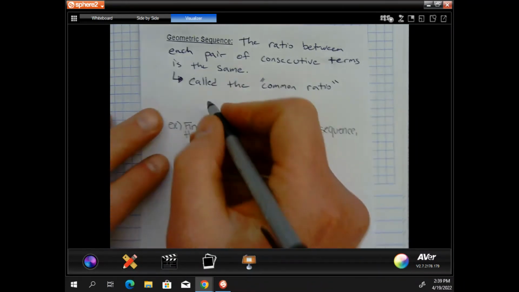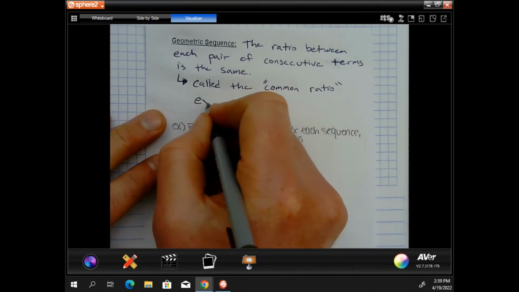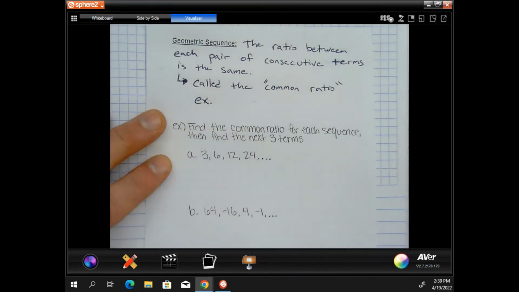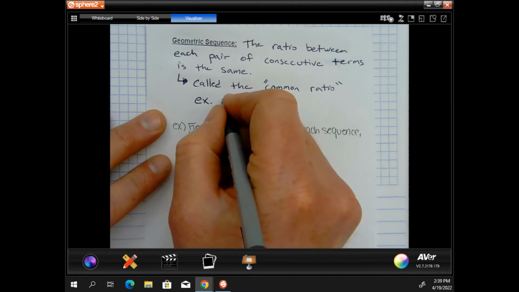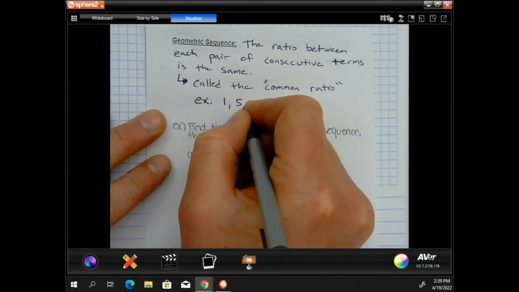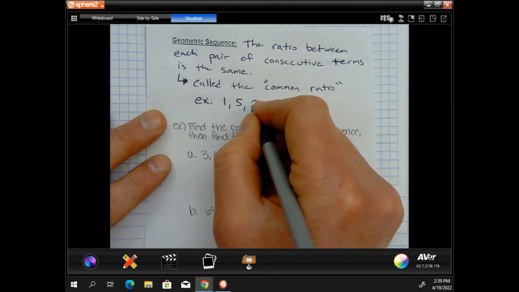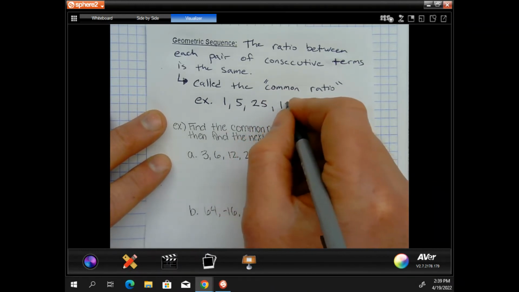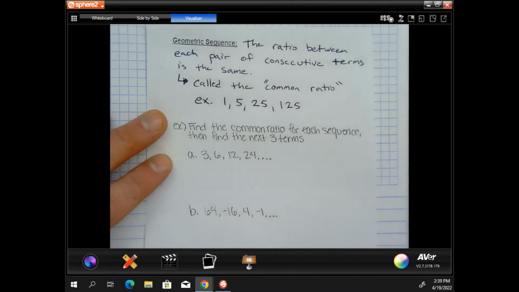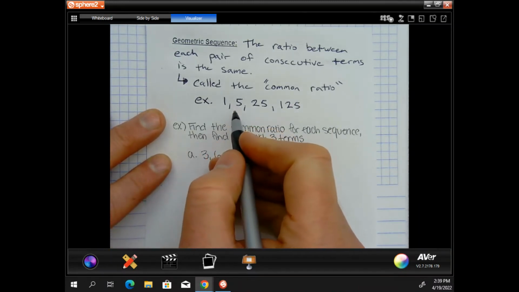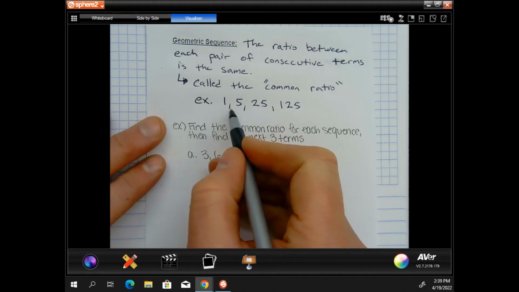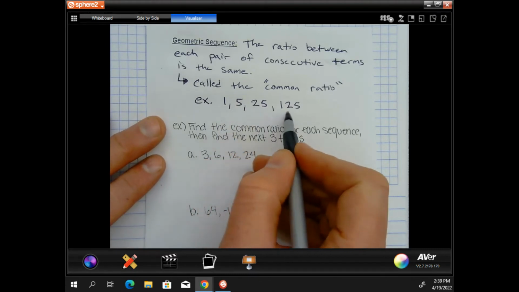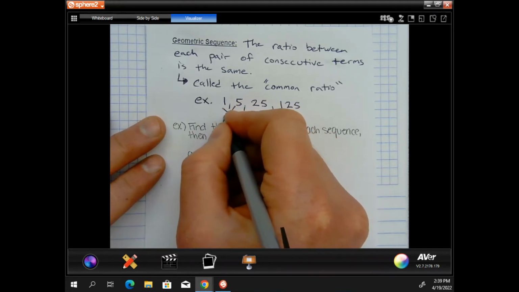So here is an example. If I had the sequence 1, 5, 25, 125, I can see that I am multiplying by 5 each time.